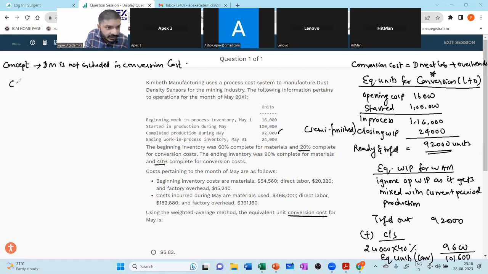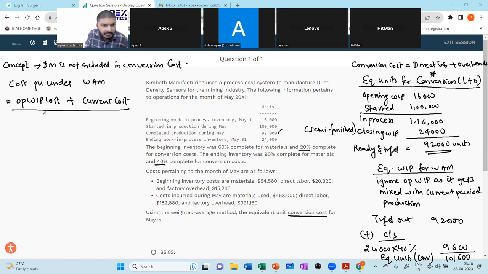Now, when you are calculating cost per unit under weighted average method, what do you do? You take opening WIP cost plus you take current cost and you divide that by equivalent units. Okay. So what is your opening WIP cost?